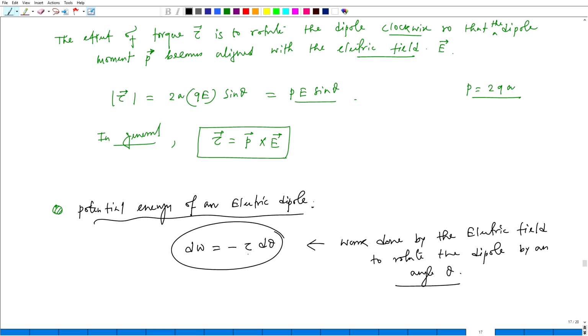Here tau is the torque that we calculated just before. The negative sign indicates that the torque opposes any increase in theta.